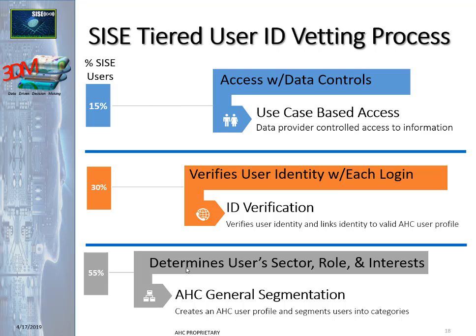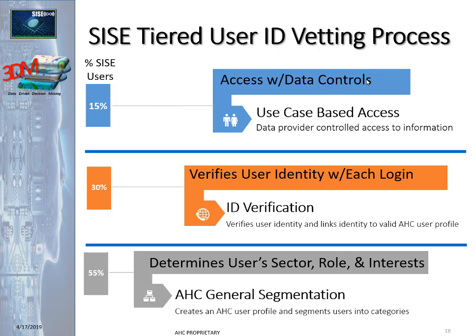And today, right now, that's everybody. The next tier up, when we get into use cases that require higher vetting, we will go to ID verification, meaning like two-factor authentication with each login. That will entitle users to access more use cases that are a little more sensitive, that require you to be in a sector or in a specific role or project.